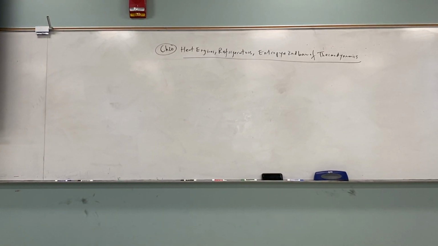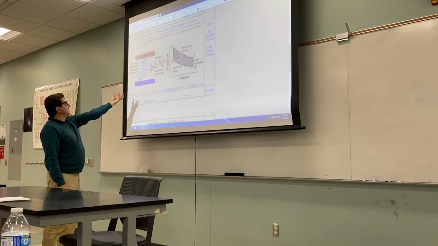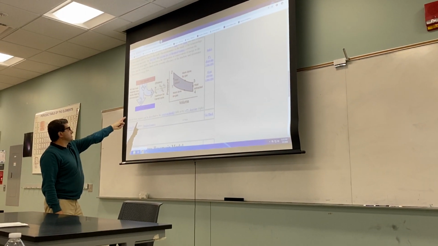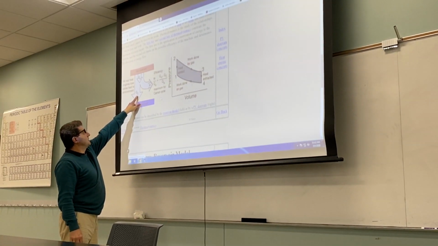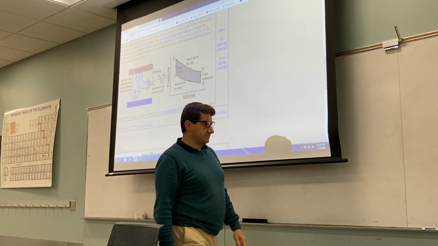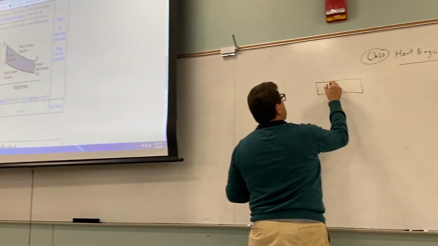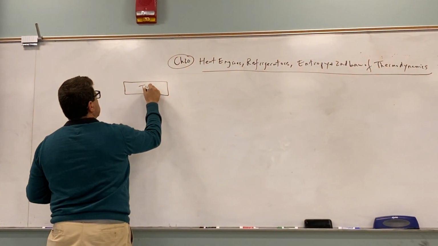So heat engines. The idea of the heat engine is you're extracting heat from a hot reservoir, dumping some heat to the cold reservoir, and therefore doing work. So you have a hot reservoir, heat hot.